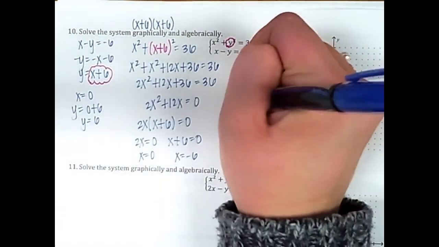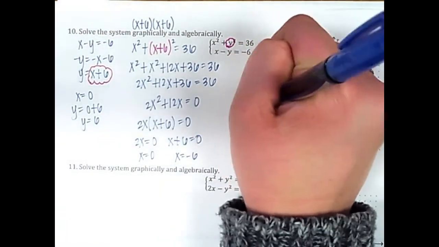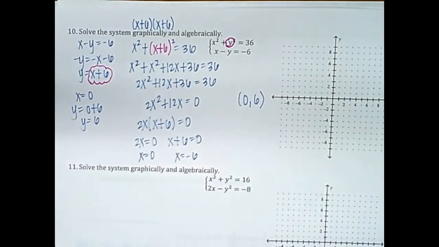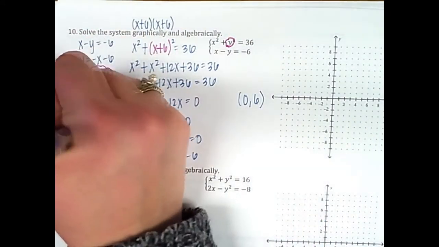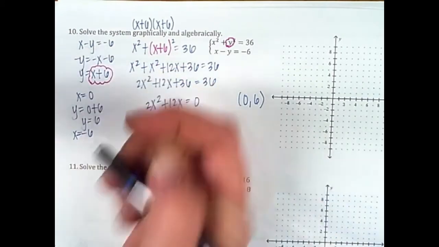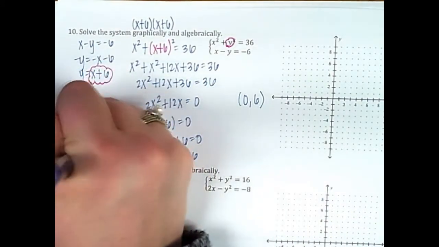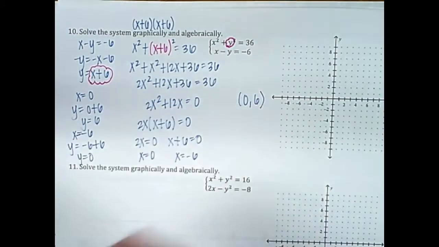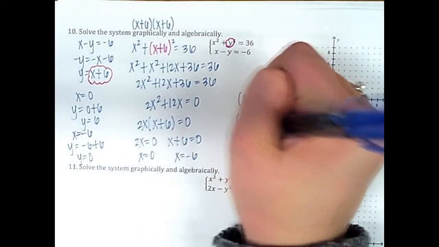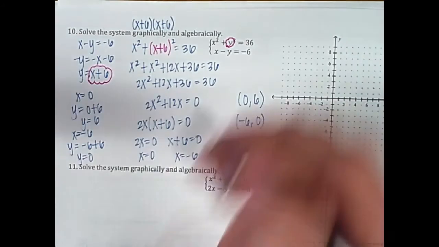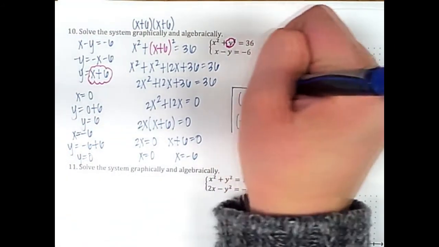So one of my ordered pairs is going to be 0, 6. The other one is when I plug in -6 for x, so y equals -6 plus 6, so y equals 0, and then I have -6, 0. So that is my answer solving it algebraically.